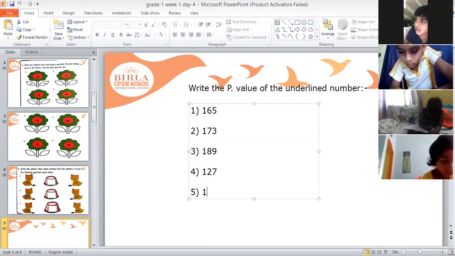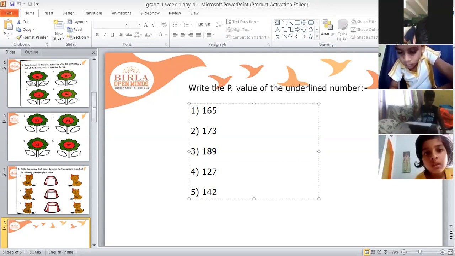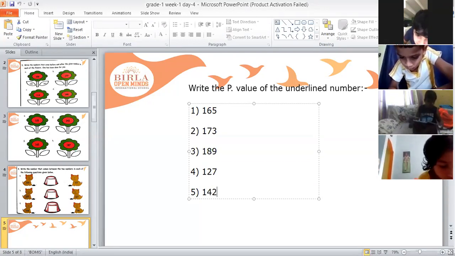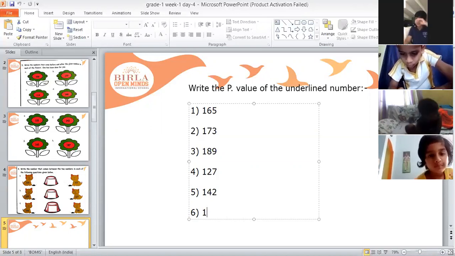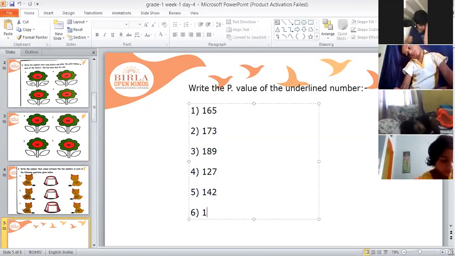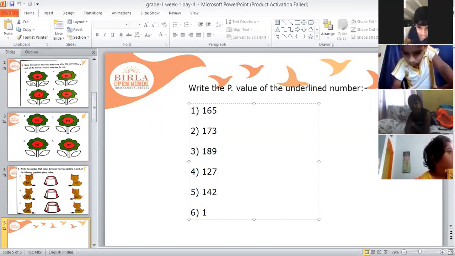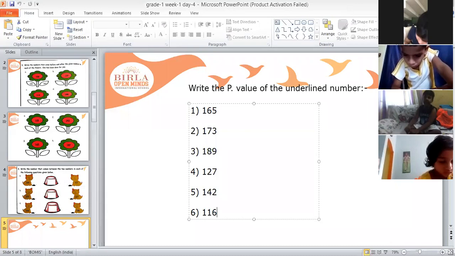Fifth bit is 142. Again, leave a line and then write the sixth bit. Again, I'm repeating, after every bit, you have to leave a line. Your sixth bit is 116.